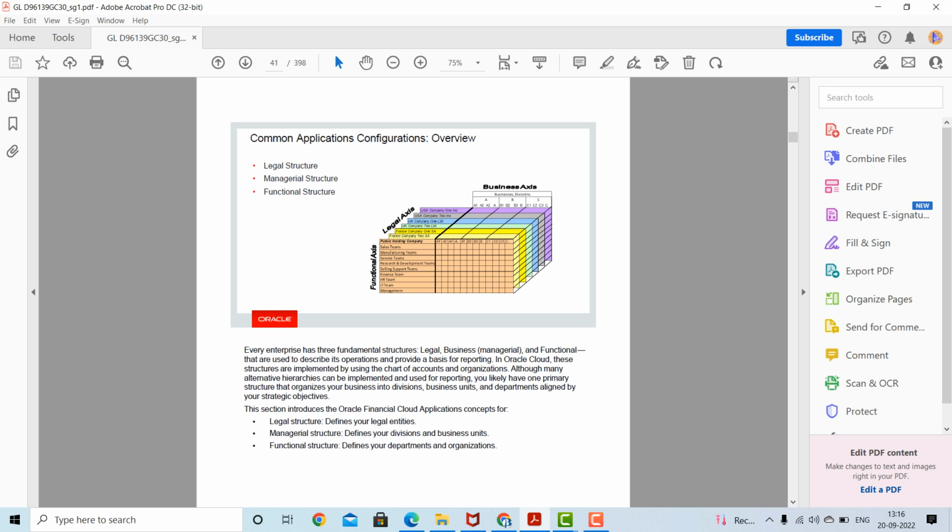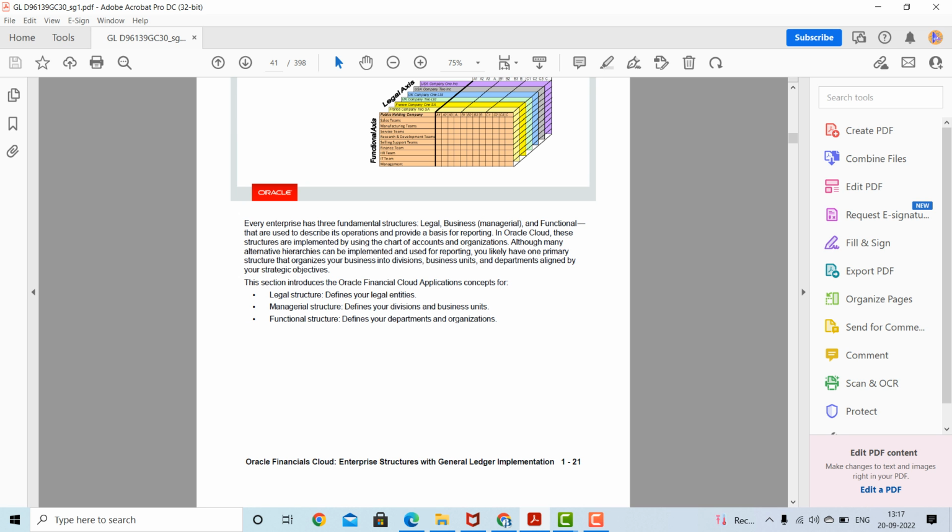Common application configuration overview: legal structure, managerial structure, financial functional structure. These are the structures where common applications are to be configured.